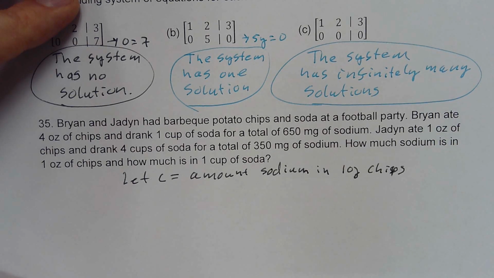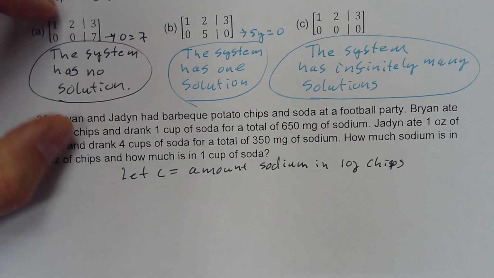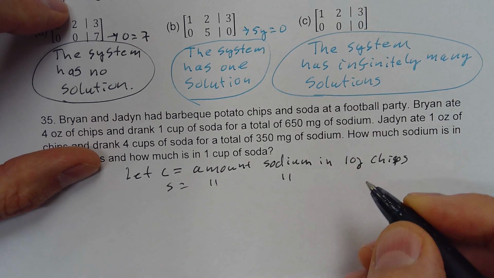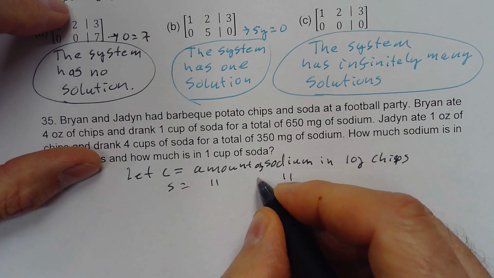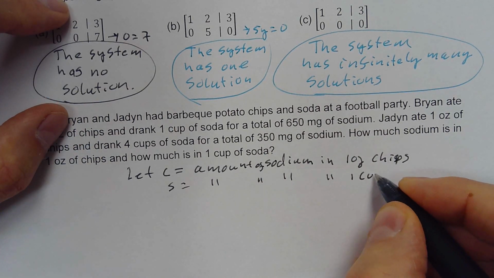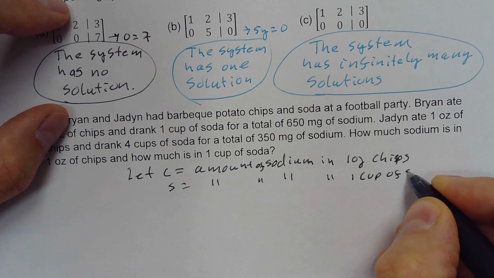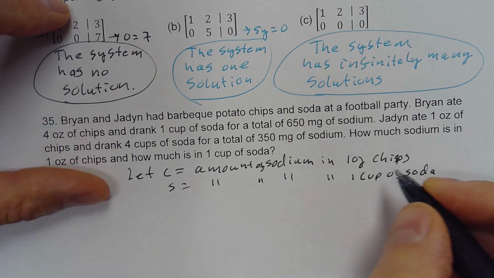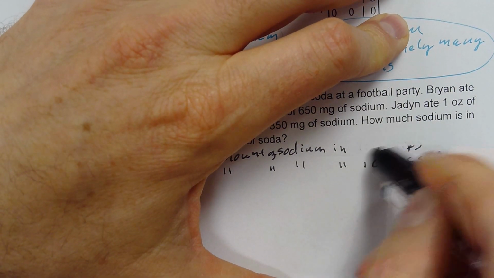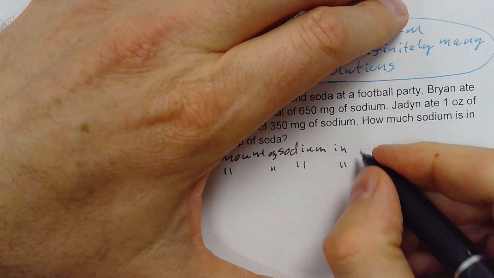And I guess we'll use S for the amount of sodium in 1 cup of soda. And let me see if I can write that a little better so it's easier to read.